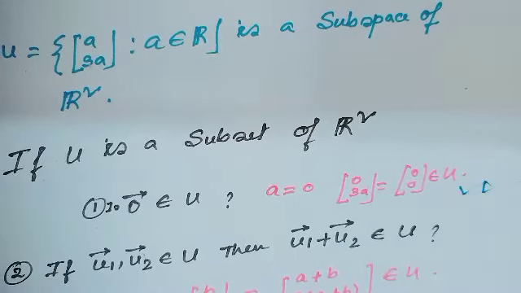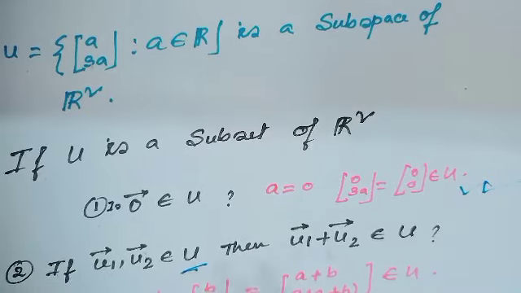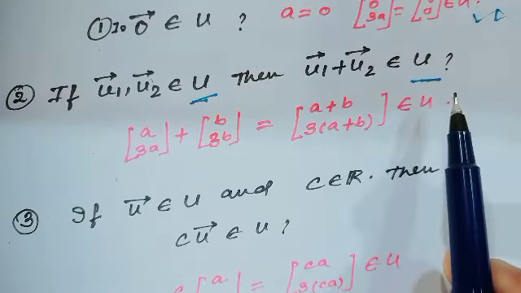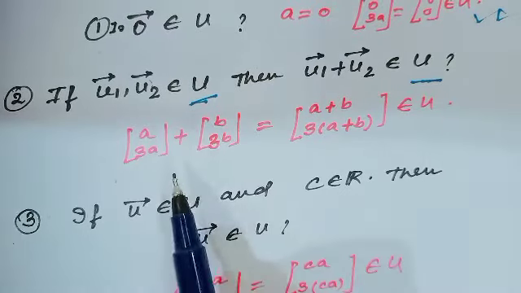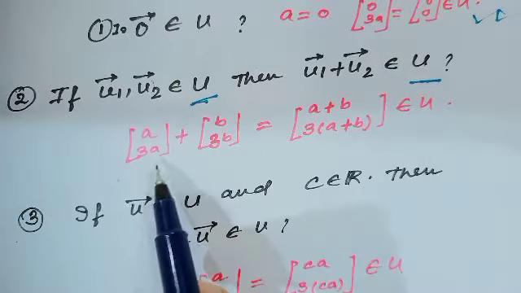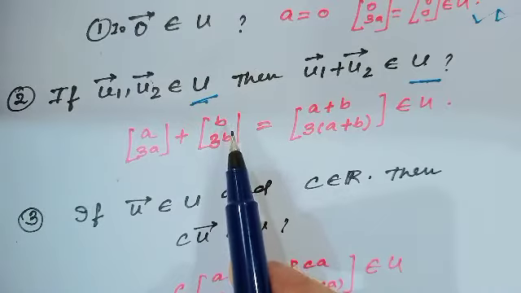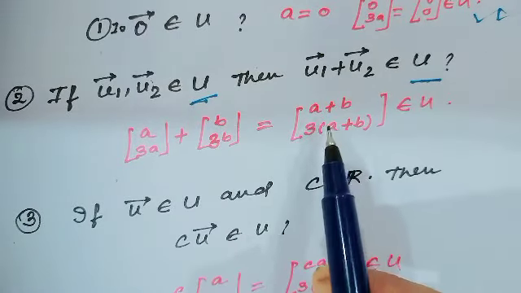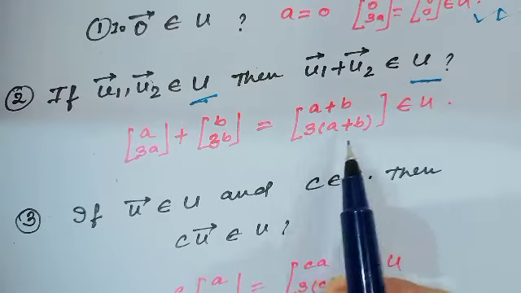Then we have to check if u1 and u2 belong to the set U, whether their sum belongs to the set U. Consider u1 equal to (a, 3a) and u2 equal to (b, 3b). Then their sum would be (a plus b, 3(a plus b)).